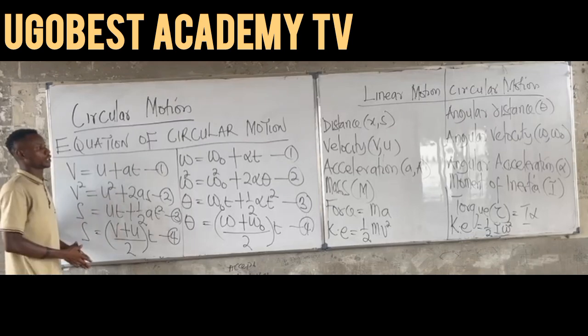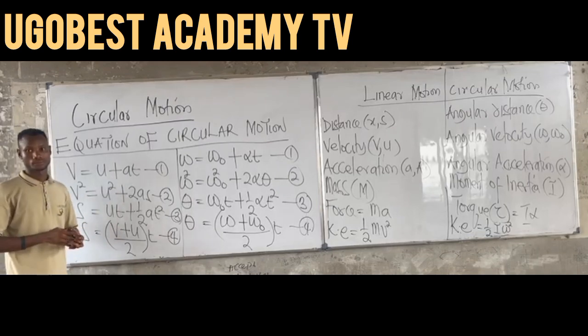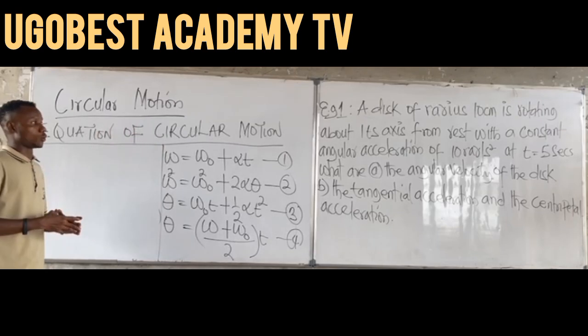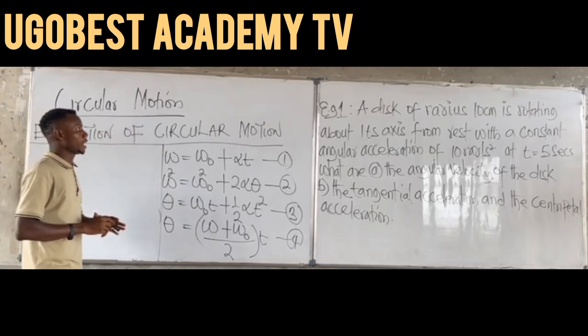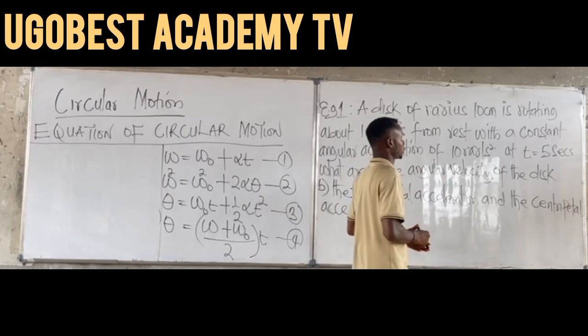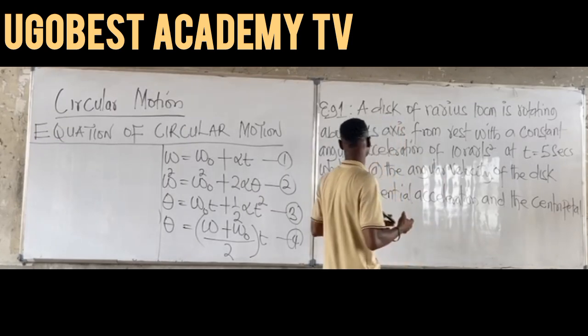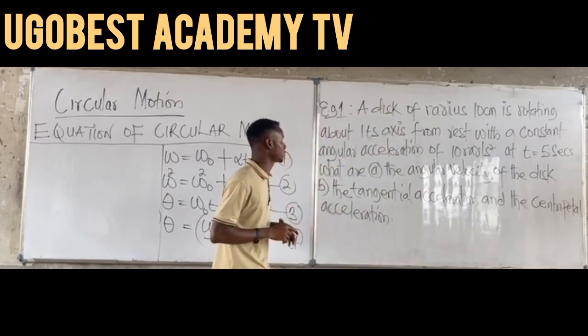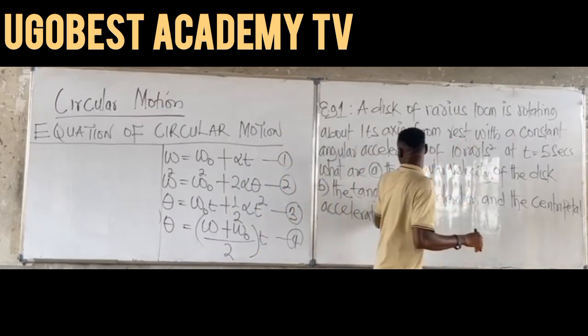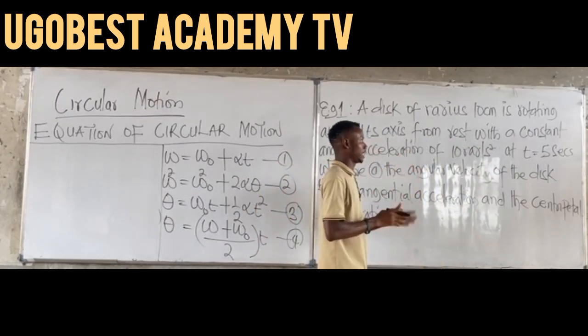Now, let's take a question here. Example 1. Alright, let's solve example 1 here. We are given a disk of radius 10 cm rotating about its axis from rest with a constant angular acceleration.